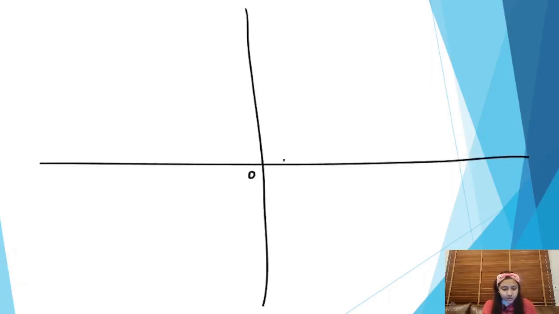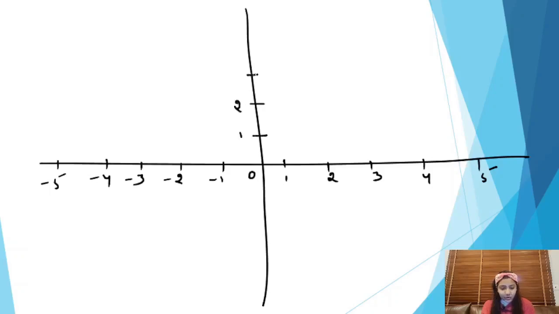So this is 0, this is 1, 2, 3, 4, 5. This is minus 1, minus 2, minus 3, minus 4, minus 5. This is 1, 2, 3, 4, 5. This is -1, -2, -3, -4, -5.